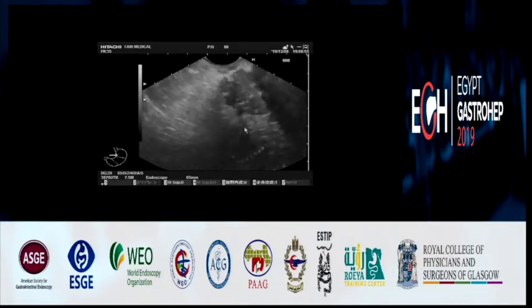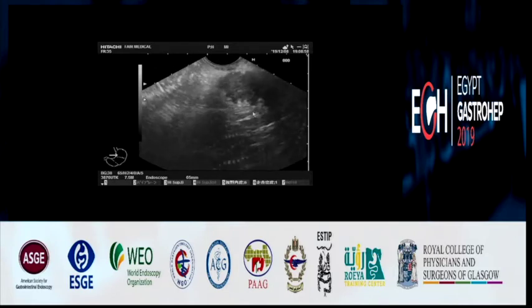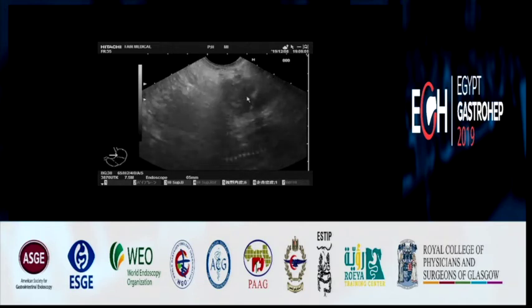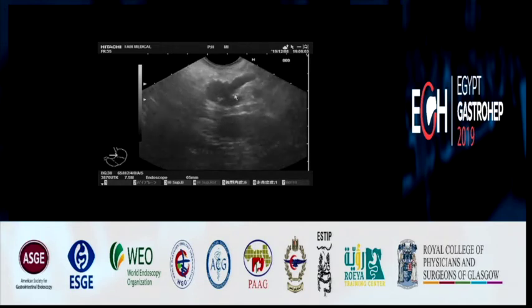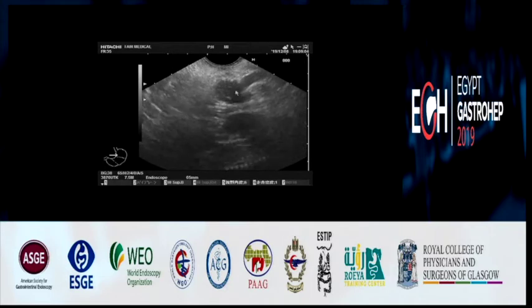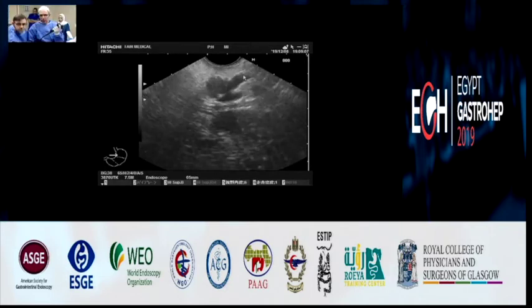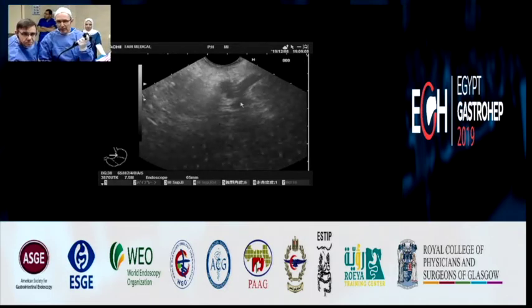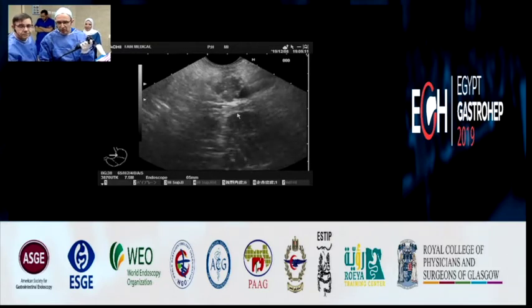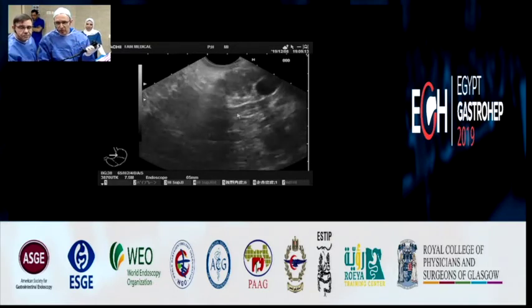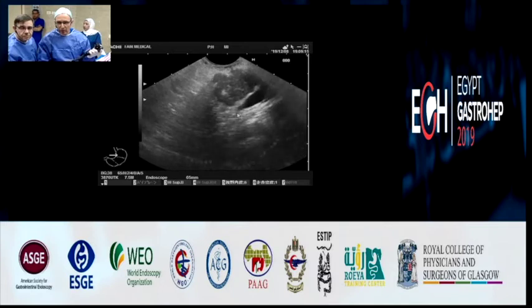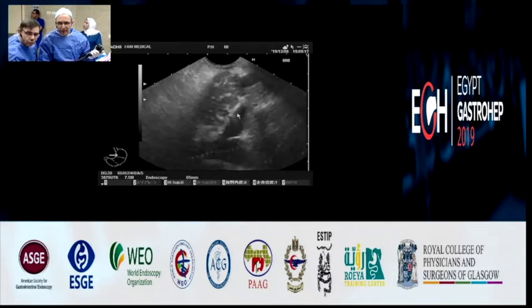So with a clockwise rotation, I go to the tail of the pancreas, and the splenic vessels begin to appear. It's a little bit hypoechoic, this gland, right? But it's homogeneous. I don't see any mass or any problem. What do you think, Mark? Could be autoimmune pancreatitis.